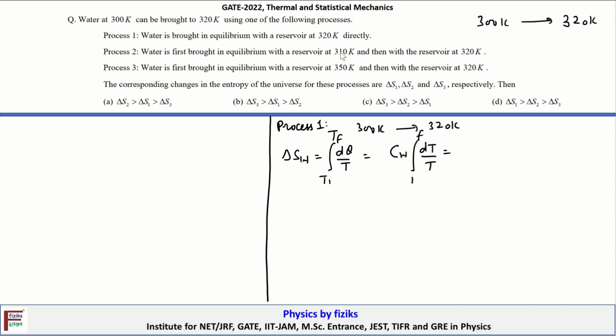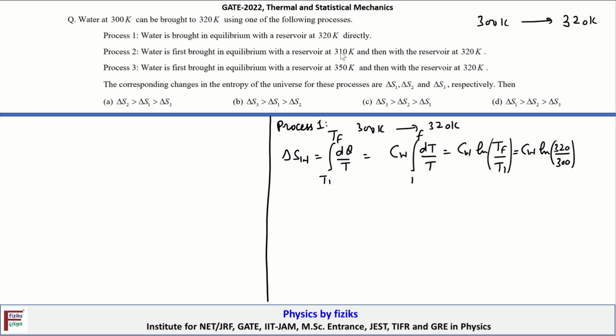Okay, and that is equal to Cw ln Tf upon T initial. Now the values of the initial and final temperature are given to us. So that means Cw ln of final temperature, 320 Kelvin, divided by initial temperature, 300 Kelvin.